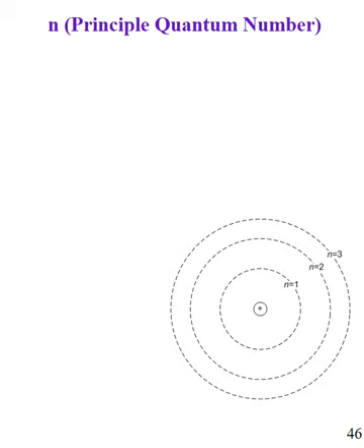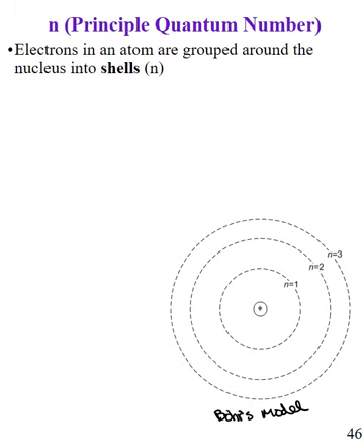The first one, n, is the principal quantum number. Here we have our picture of our atom, and this looks a lot like Niels Bohr's model. Bohr's model was actually fairly good, but there were some downsides to it. In order to explain n, we're going to use Bohr's model because it does a pretty nice job with it.